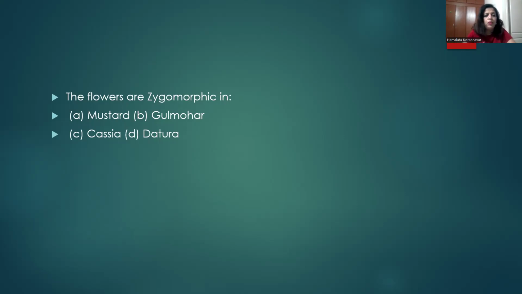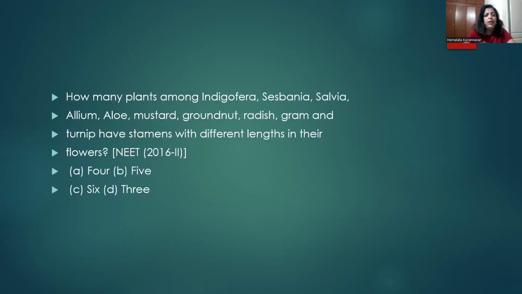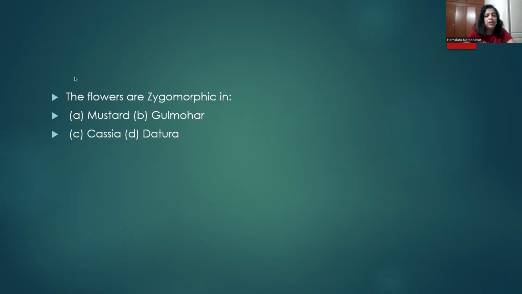Gulmohar comes under Fabaceae and Cassia comes under Caesalpiniaceae. Both show it; sometimes in such questions they will add both answers. Therefore Gulmohar and Cassia both are called zygomorphic plants. Both are correct. If they give an option like that, you write it. Otherwise, in such questions you can write anything and get marks, right?